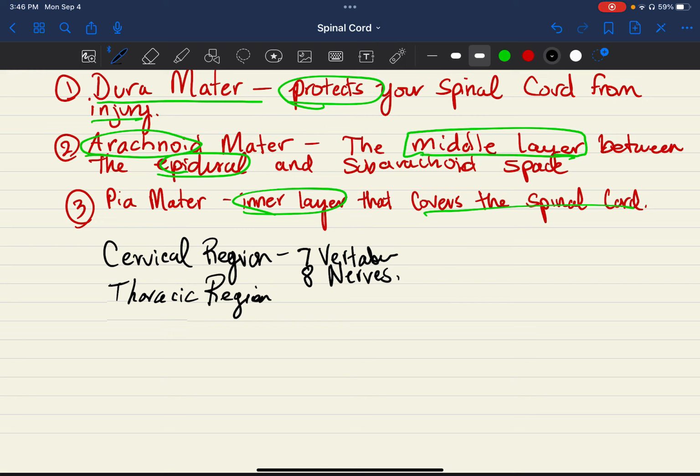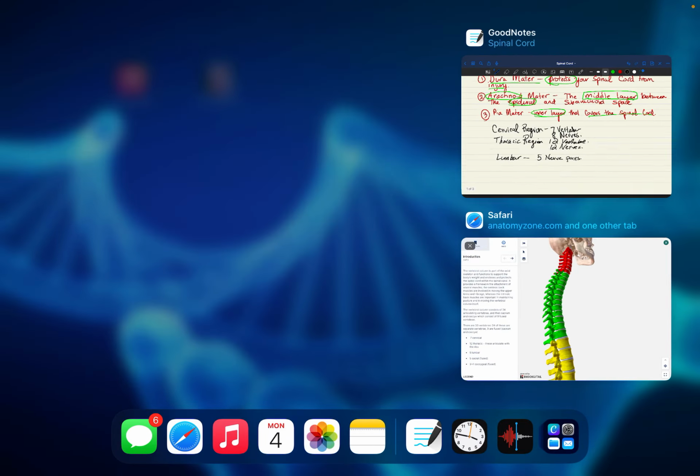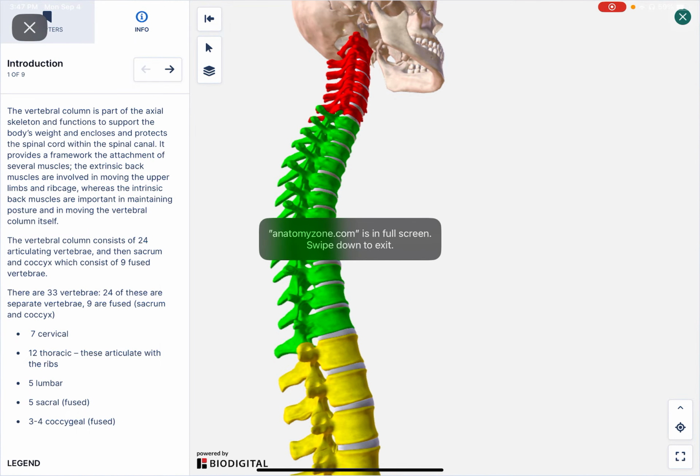Okay, the thoracic region, which has 12 vertebrae, right? And we have 12 nerves, okay? So then we go into the lumbar. And the lumbar has 5 nerve pairs. 5 nerve pairs, okay? And it also has 5 lumbar vertebrae.